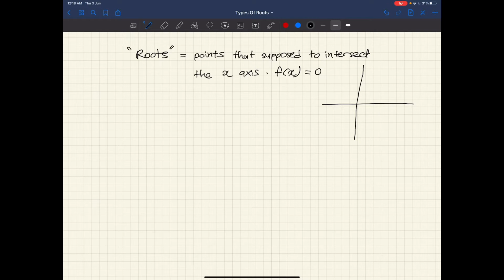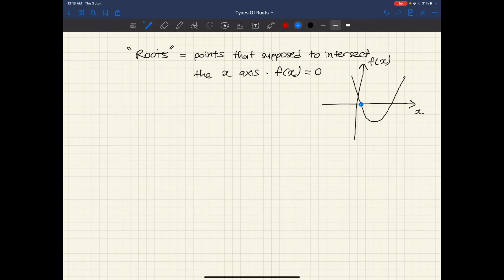Let's say you have a quadratic function as such. This is your x, this is your f(x). In this case, you have your intersection points.